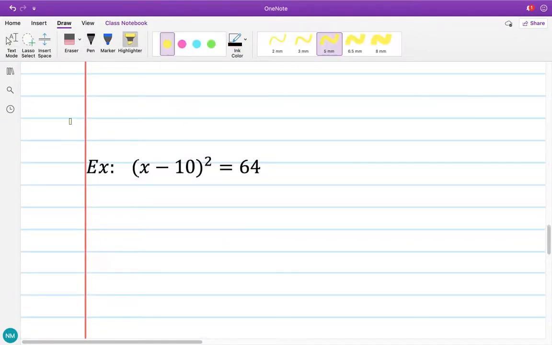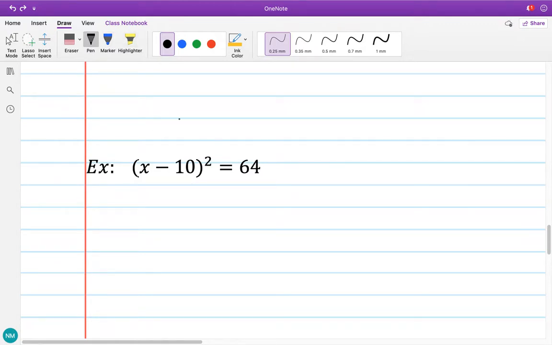Now, this is what's important here. You cannot touch any of this until you get rid of this square right here. Okay? Nothing inside is touchable until you get rid of the square. You cannot touch it.